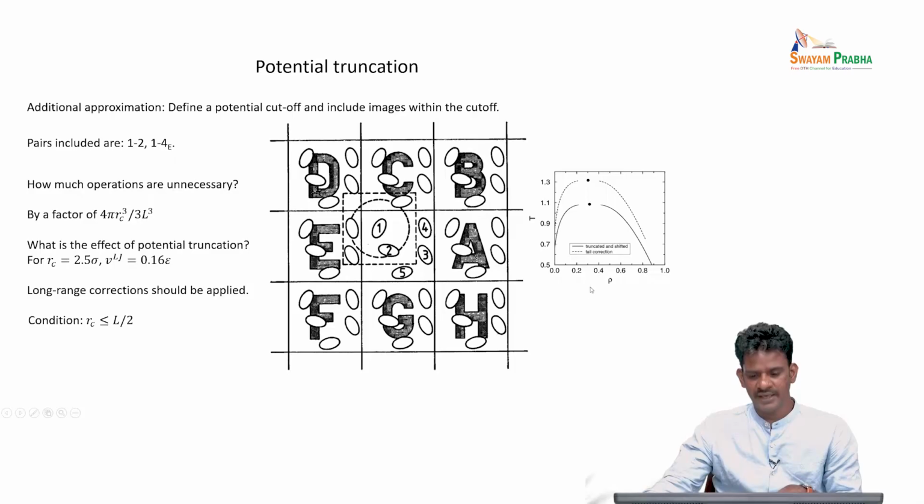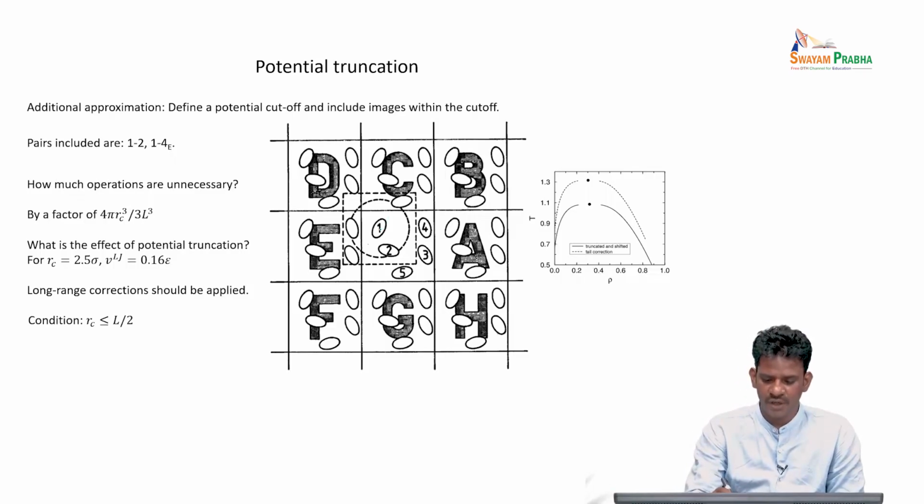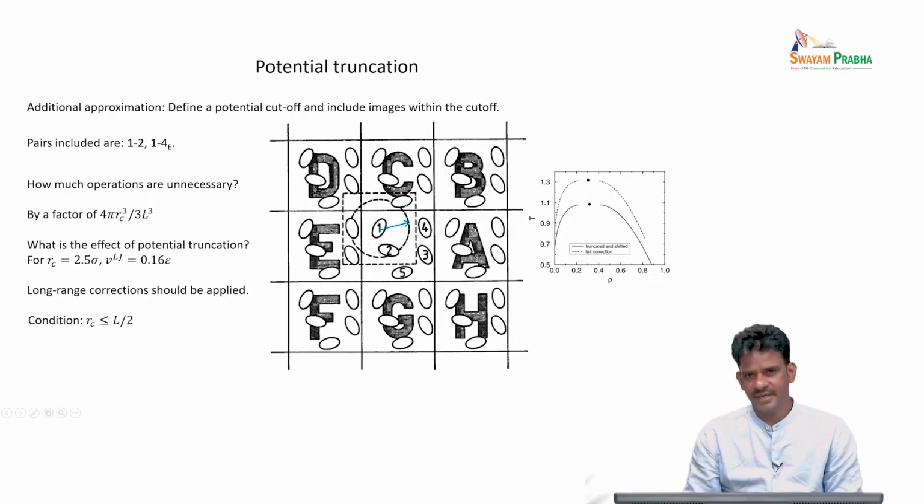You might recollect that when we talked about periodic boundary conditions and calculation of forces, we often define a particular spherical cutoff within which the intermolecular forces are calculated, and beyond that cutoff distance we do not account for any potential calculations.